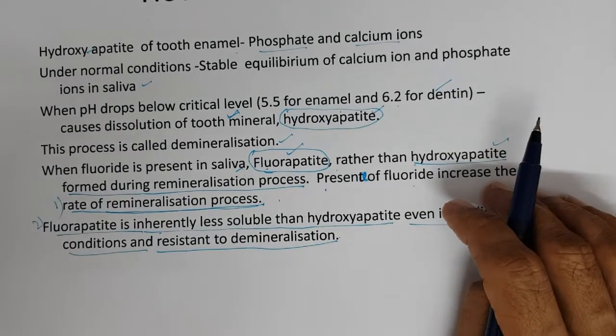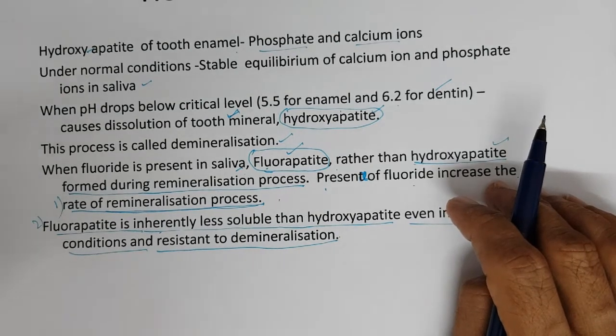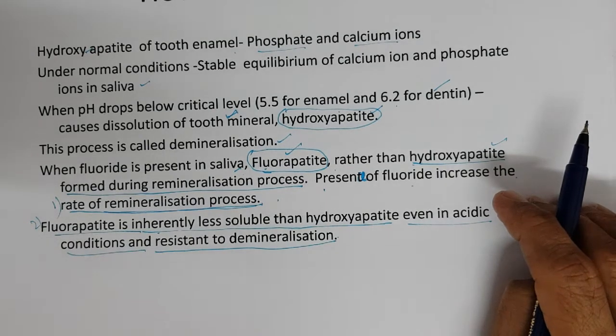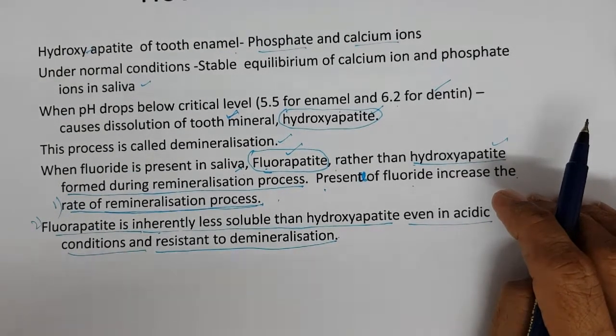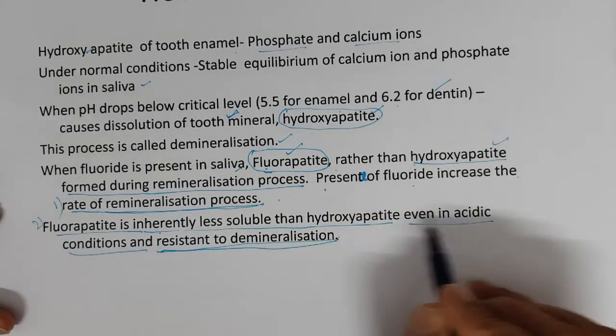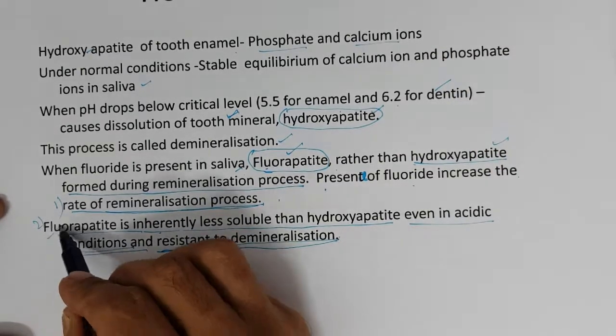Now you can see in the advertisements people saying I can eat even sweets, because if fluoride is there and fluoroapatite is formed and deposited instead of hydroxyapatite, then fluoroapatite is very strong. Even at low pH, it will not get demineralized. So it is resistant to demineralization even at low pH condition. And that is how fluoride works.